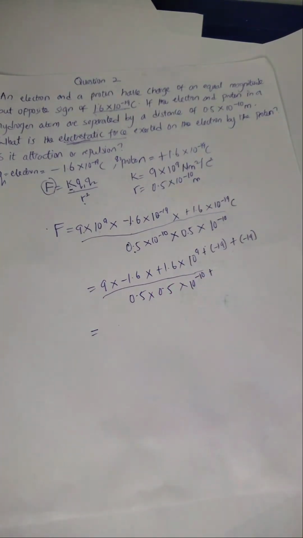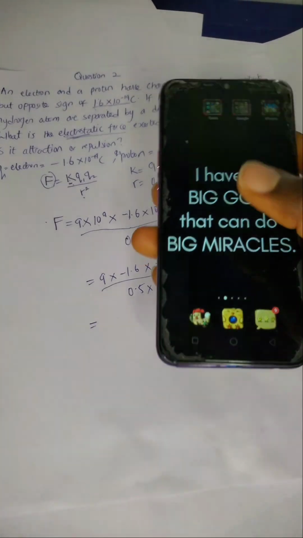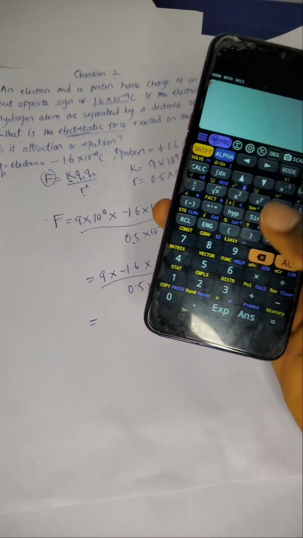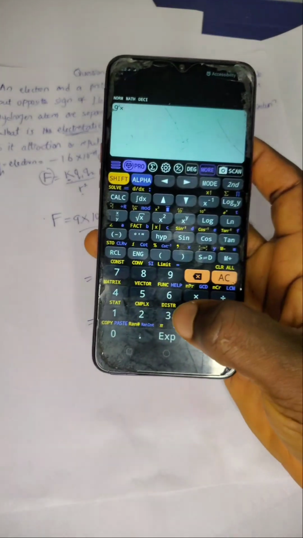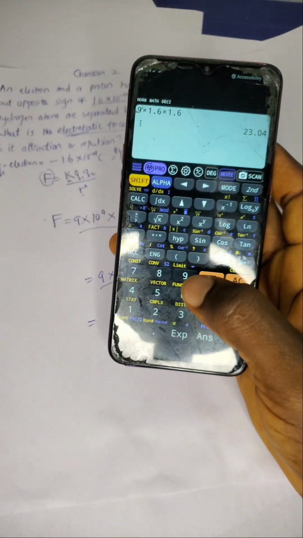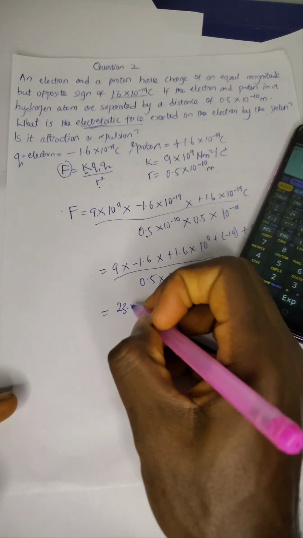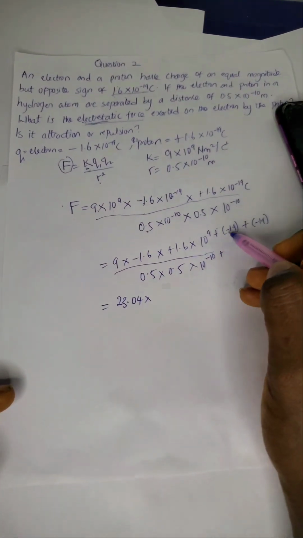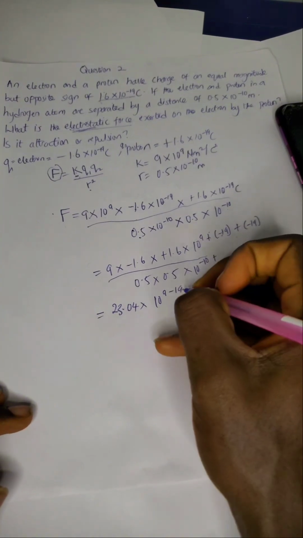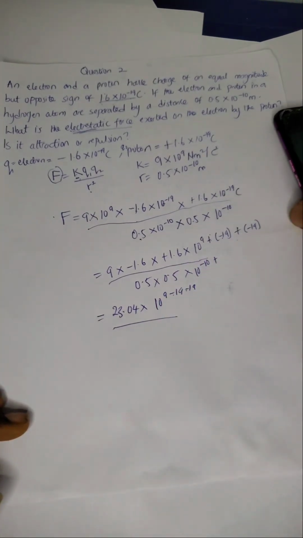So when you multiply 9 times 1.6 times 1.6, that is 23.04. Then, arranging the powers, you have plus minus 19 and plus minus 19. 0.5 times 0.5 will give you 0.25.